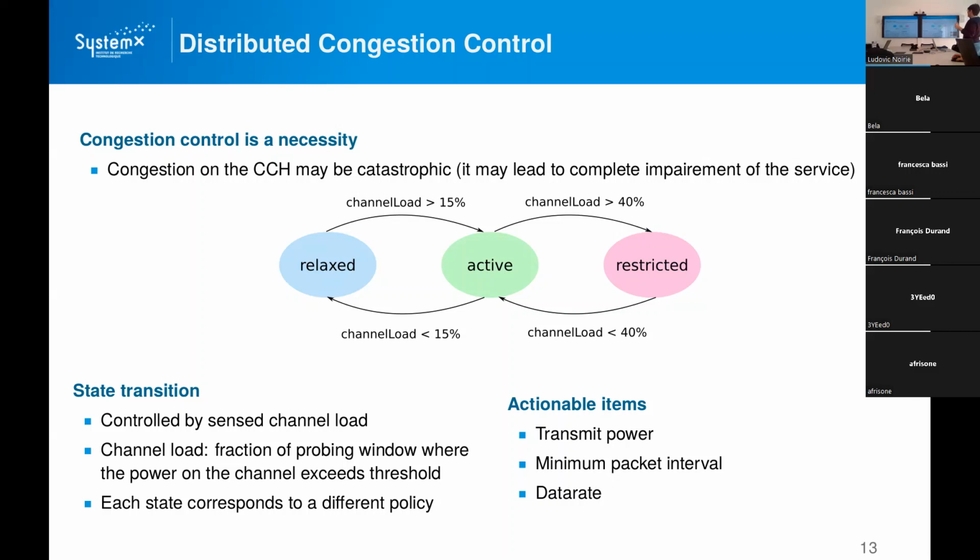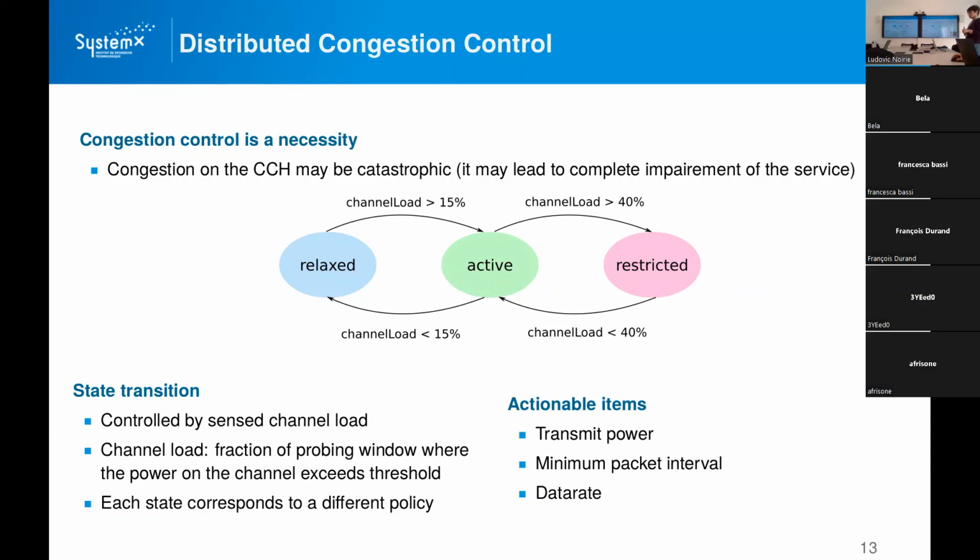So you can operate in different states. This distributed congestion control has 3 states, and depending on the fraction of the time you hear the channel occupied, you can change your state. And what are your actionable items?